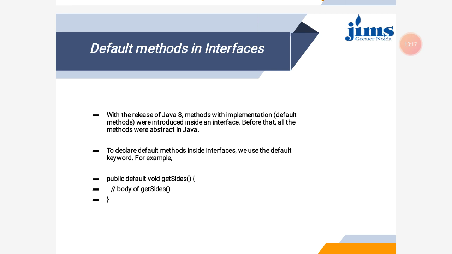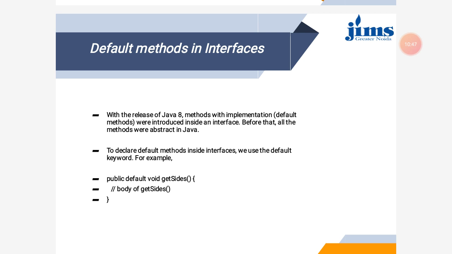There is one other important concept that has been included, that is default methods. So what is a default method and why is this one required? With the release of Java 8, methods with implementation were introduced inside an interface, and before that all the methods were abstract in Java. So earlier only abstract methods were allowed, but now you can mention default methods also.